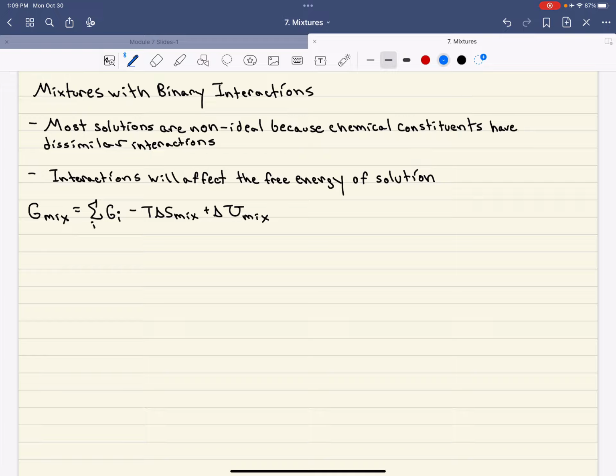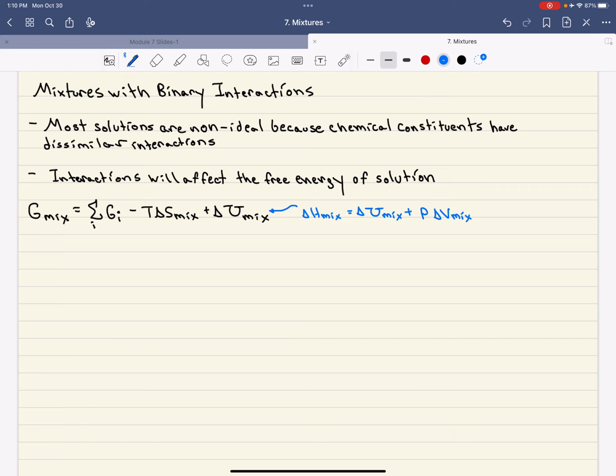Now, even though we're dealing with Gibbs, it may seem strange that I'm writing delta U here. But what we have to remember is that by definition, the enthalpy of mixing will be delta U mixing plus some sort of PV term. We're operating isobarically, so here we would just be looking at the delta V of mixing.